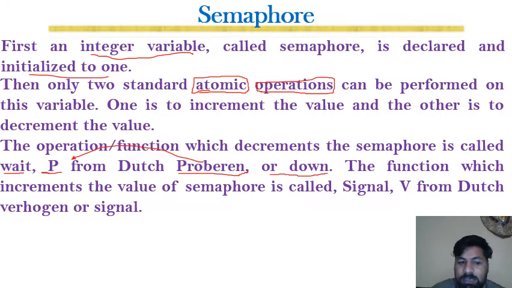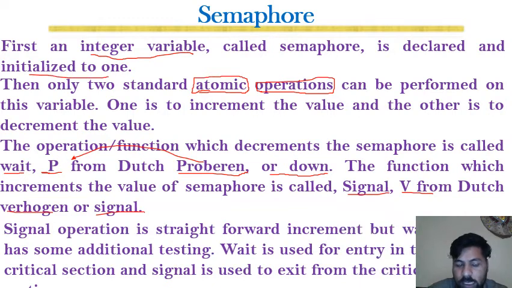The function which increments the value of the semaphore is called signal, or V from the Dutch verhogen, or up. So these are the names associated with the function which increments the value of this semaphore. A signal operation is a straightforward increment, but wait has some additional testing.